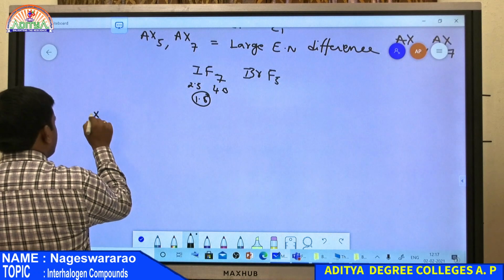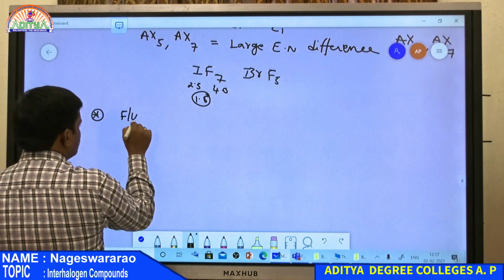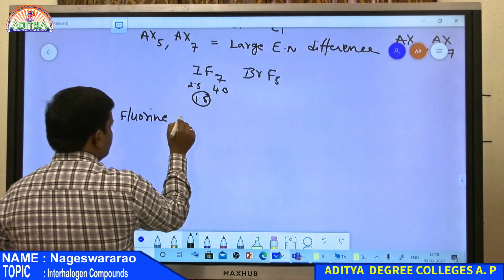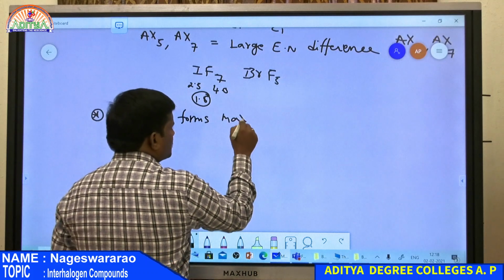So next property is fluorine forms maximum number of interhalogen compounds.